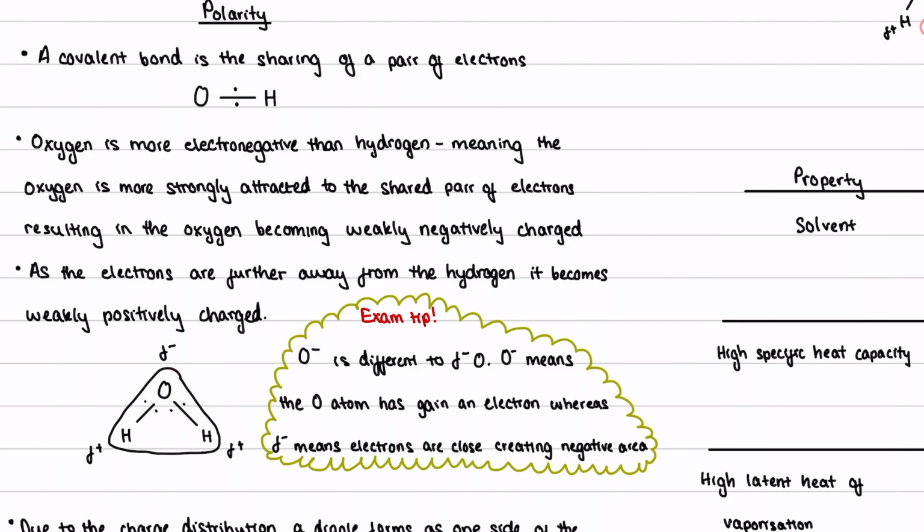So, in water, between oxygen and hydrogen is a covalent bond. Oxygen is more electronegative than hydrogen, so the oxygen is more strongly attracted to the shared pair of electrons. As the electrons are closer to the oxygen, it becomes weakly negatively charged, and the hydrogen atoms become weakly positively charged, as the electrons are further away from it, as you can see here.